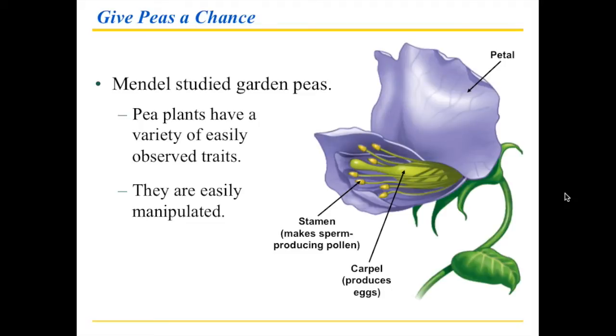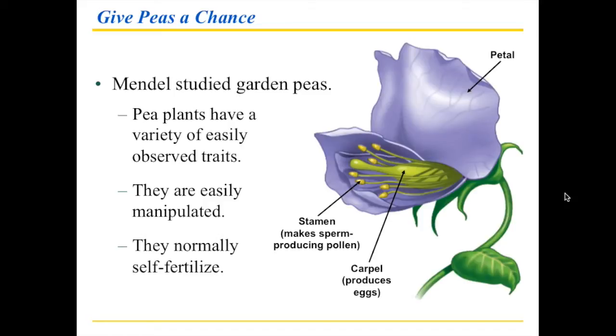And so when you're working with an organism that you can actually conduct experiments on, then of course that increases your ability to steer the experiment in a certain direction. And then lastly, peas normally self-fertilize, which means that an individual does not go outside of its own identity to create offspring, but they are basically clones in how they reproduce.